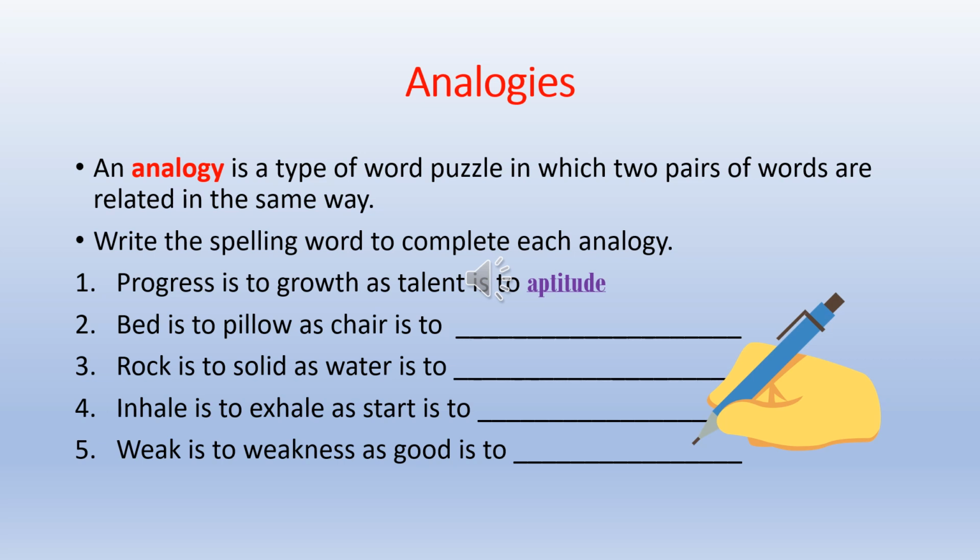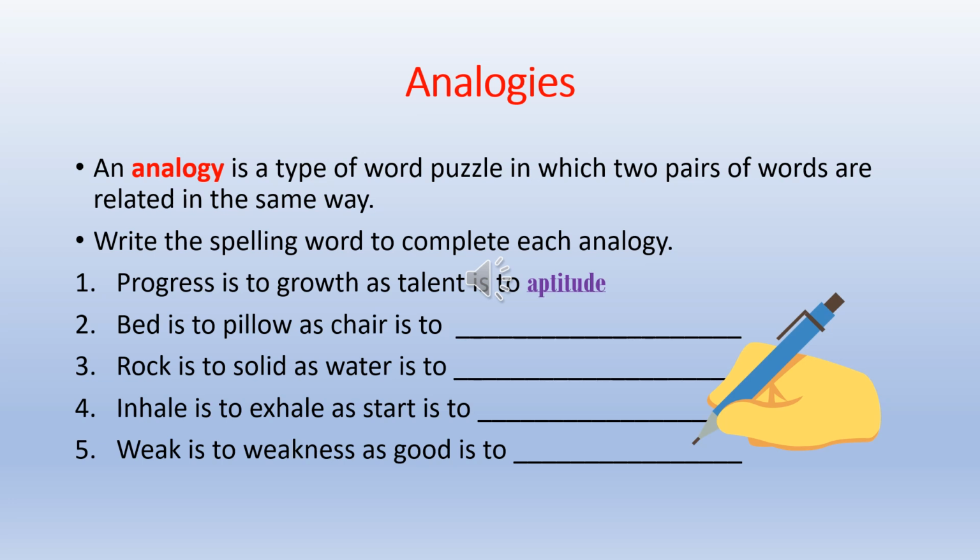Analogy. What is an analogy? An analogy is a type of word puzzle in which two pairs of words are related in the same way. In order to complete the exercise, you should be able to figure out how the words in the first pair are related.